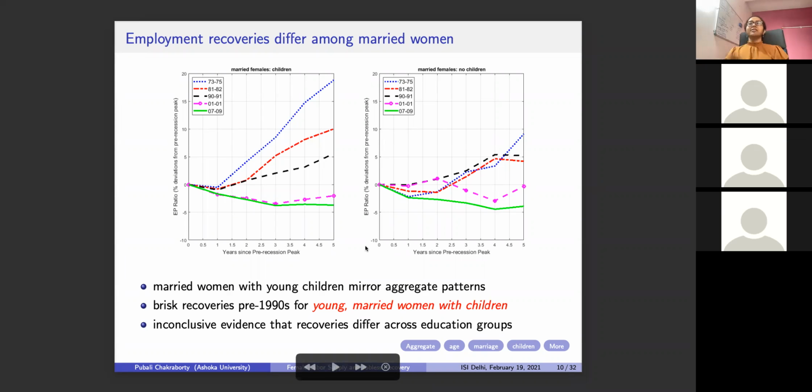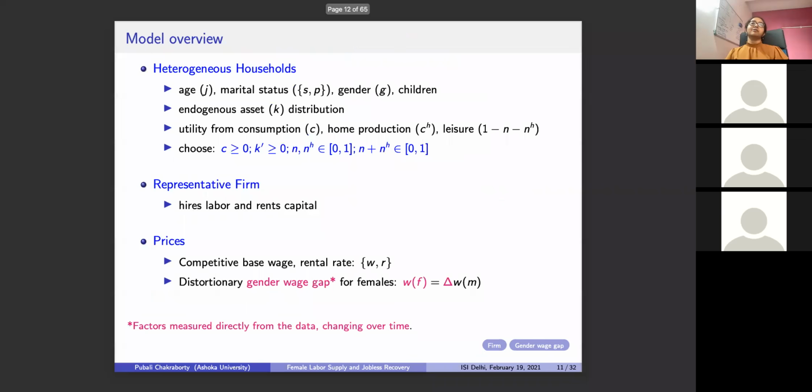Given my understanding of what I find, that helps me to develop a general equilibrium model. In my model, I have households which are different with respect to their age, with respect to their marital status, and if they are single, then with respect to the gender of the household head and the number of young children that they have. I account for an endogenous asset distribution.